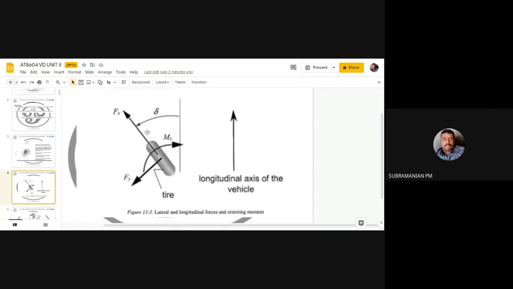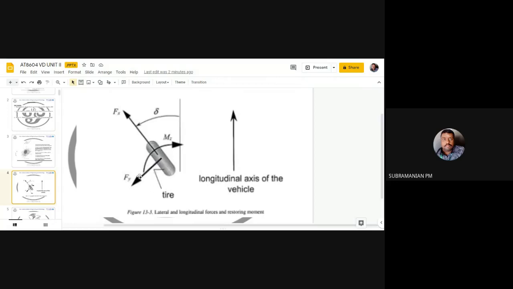Now I am giving a sketch. This will be a clearer representation for understanding the longitudinal and lateral forces. You can see this one is the longitudinal axis of the vehicle. The vehicle is going to move in this intended direction, and you are seeing the tire. I am considering only one tire, and at the center of the contact patch the forces originate.